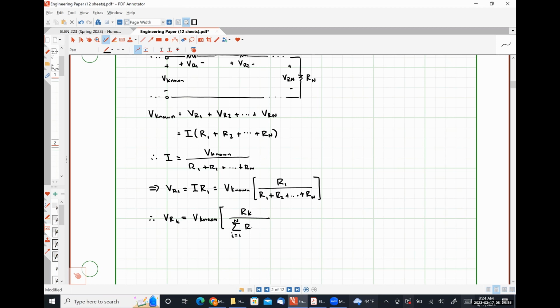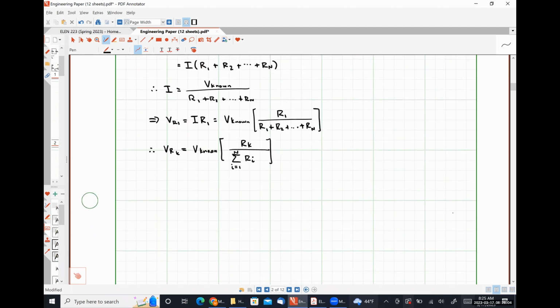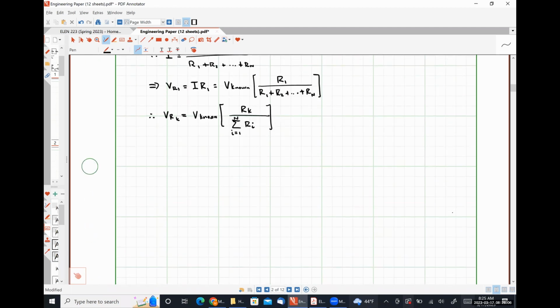Let's say the kth resistor, like so. So effectively, what this mathematical jargon means is if we're trying to find the voltage drop over resistor 3 out of a 5 resistor series combination, it's going to be R3 over R1 plus R2 plus R3 plus R4 plus R5 times the voltage. I've stumbled a little bit here, so let's work some examples and I think it'll clarify some things.